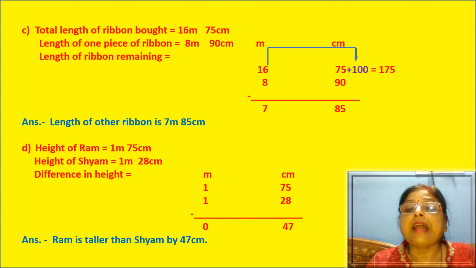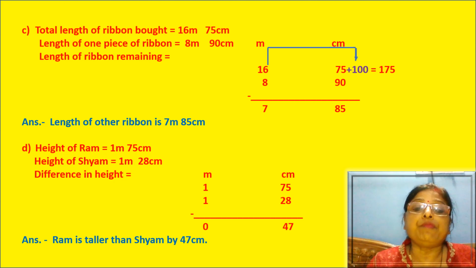You can't subtract 90 from 75, so we take a borrow from meter, that is equal to 100 centimeter. Now it is equal to 175 centimeter. Now you subtract 90 from 175 and you will get 85 centimeter. Now the remaining meter is 15 meter and you subtract 8 from 15, that is 7. So the length of the other ribbon is 7 meter 85 centimeter.